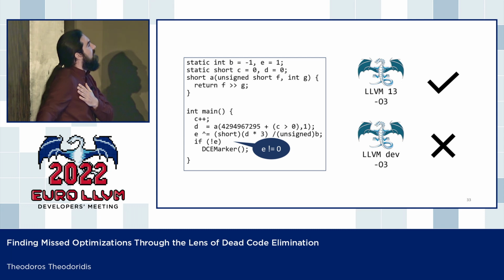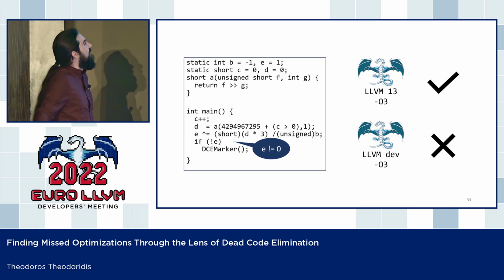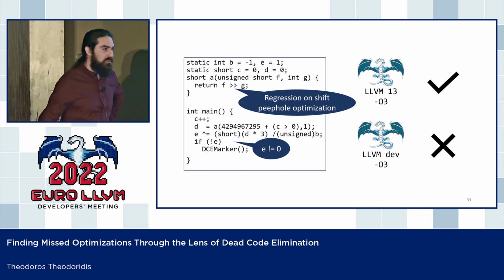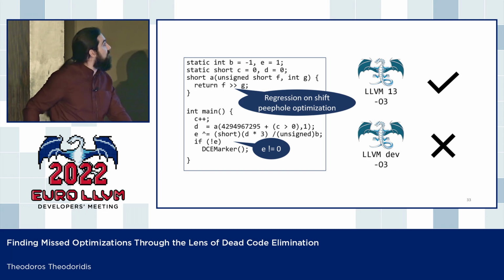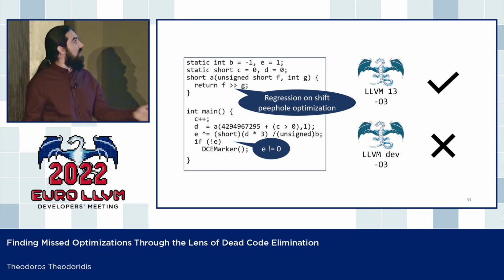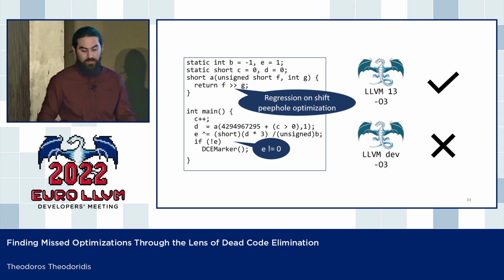We had a regression in the peephole optimizations, in shifts actually. And the commit that caused this regression was a commit that tried to introduce new InstCombine rules for shift operations. So this is, I think, yet again a highlight that we need a way to catch these before they land in the compiler, because it is really possible to automatically find such issues.